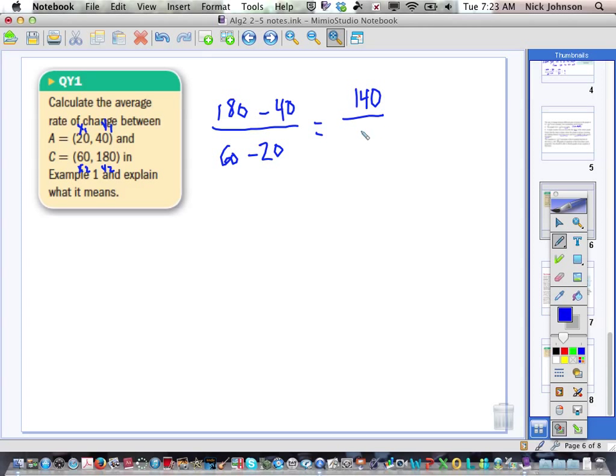And you're going to say 60 minus 20 is 40. Do your math. 140 divided by 40 is going to give you 3.5.